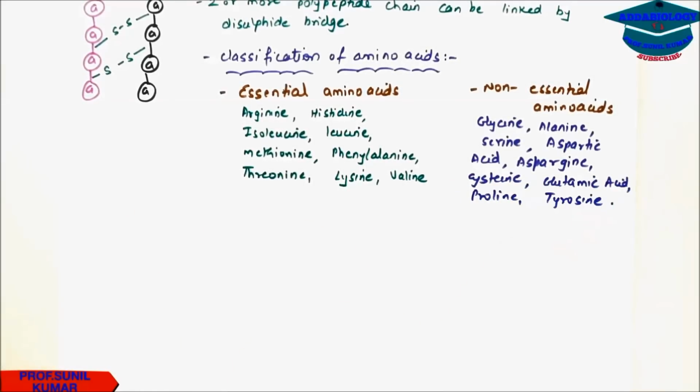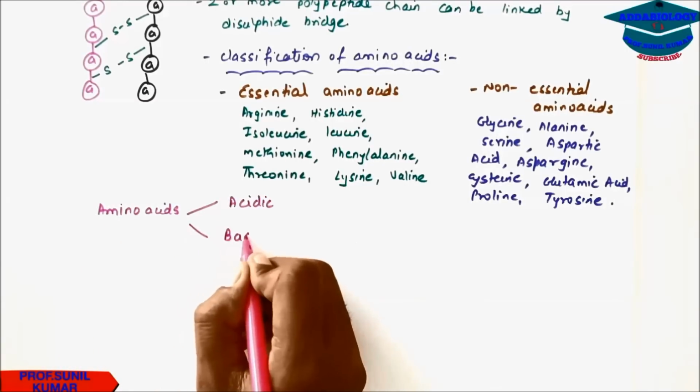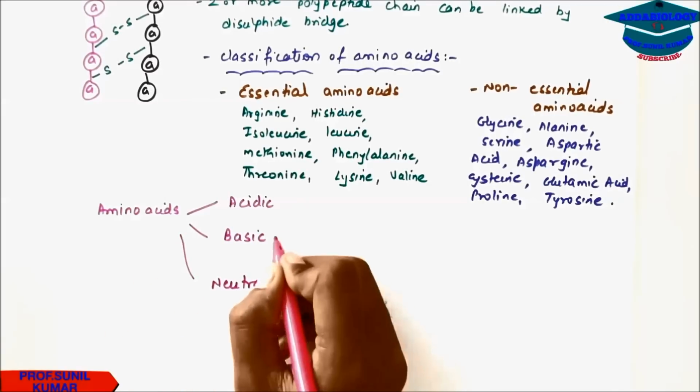When we talk about amino acids, there are three types: acidic, basic, and neutral amino acids. I will give you a shortcut to remember the acidic and basic amino acid names.